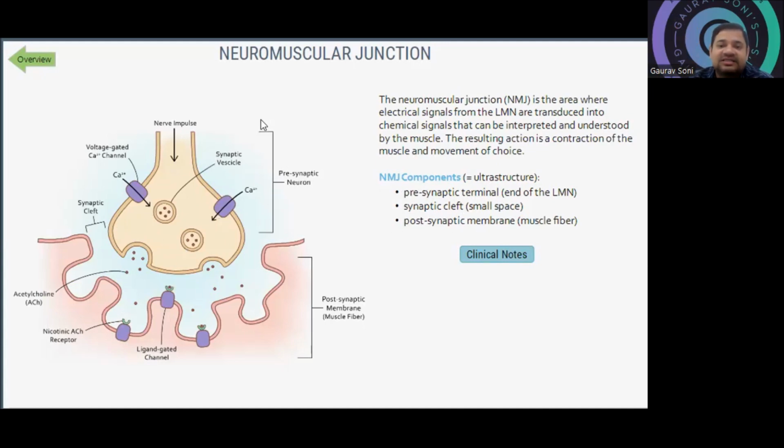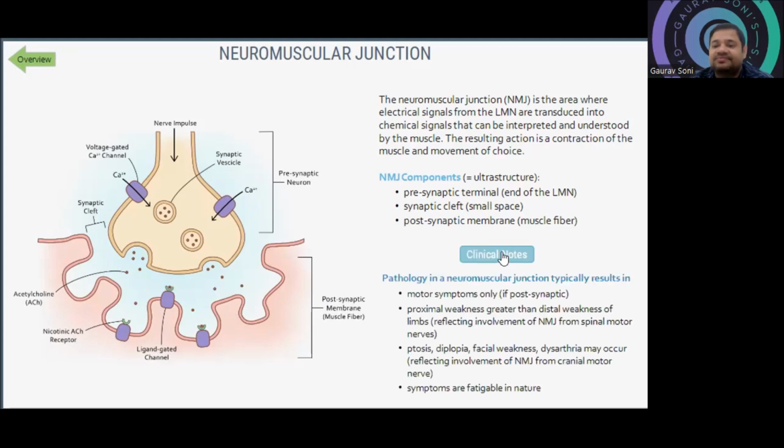You can see this upper part which is coming via the nerve is presynaptic. Then this pool-like thing is the synaptic cleft, where the transmission actually takes place. And this is postsynaptic, the part of the muscle fiber, where the gates will open and then the action will happen. So if pathology occurs here, the motor symptoms are proximal weakness greater than distal weakness, ptosis, diplopia, facial weakness, dysarthria from the cranial motor nerves, and symptoms that are fatigable in nature.